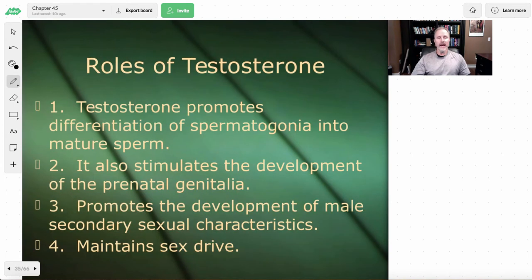The testosterone promotes the differentiation of the spermatogonia, these first germ cells, into mature sperm. It stimulates the development of prenatal genitalia in the embryo. It promotes the development of the secondary sexual characteristics in men, and it helps to maintain sex drive.